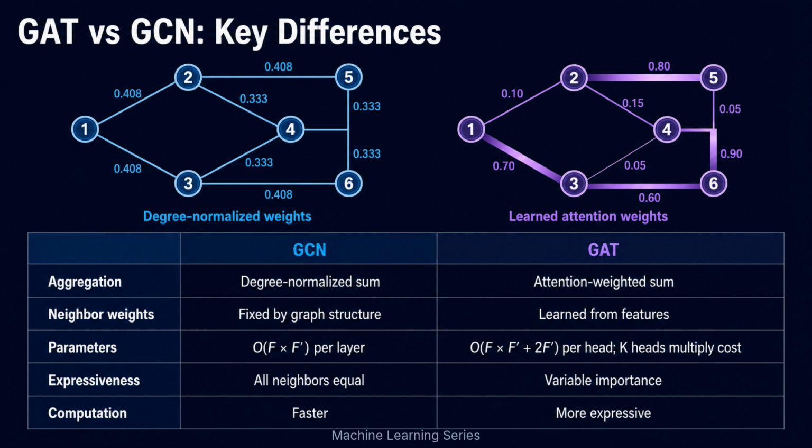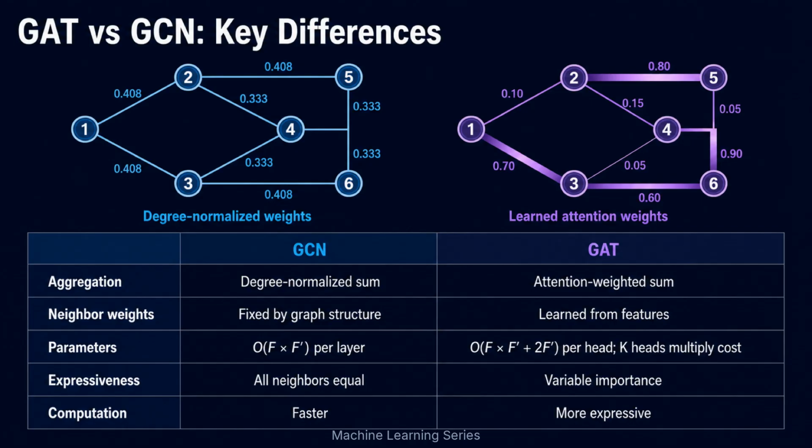Let's directly compare GAT and GCN. Aggregation: GCN uses degree-normalized sum where weights are fixed by graph structure, while GAT uses attention-weighted sum where weights are learned from features. Neighbor weights: in GCN, a neighbor's weight depends only on degrees of source and target nodes. In GAT, weights depend on the actual feature content of both nodes. Parameters: GCN has order F times F prime parameters per layer.